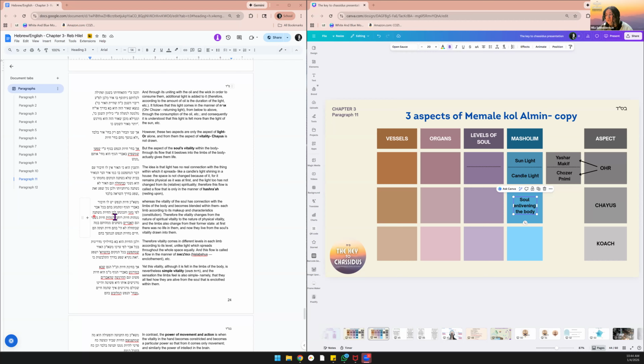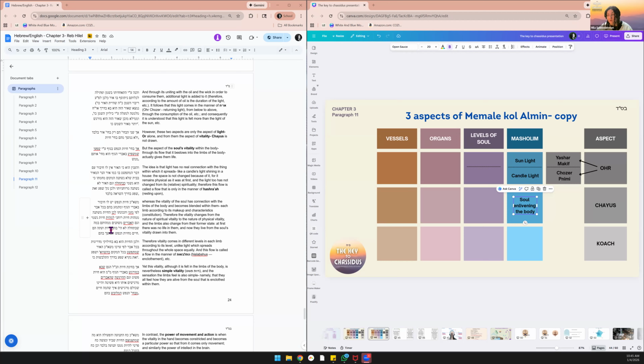And therefore, the vitality changes from the nature of spiritual vitality to the nature of physical vitality. וגם האיברים משתנים ממהוסם במה שבתחילה לא היה בהם. And that is the key word: the limbs also change from the former state.